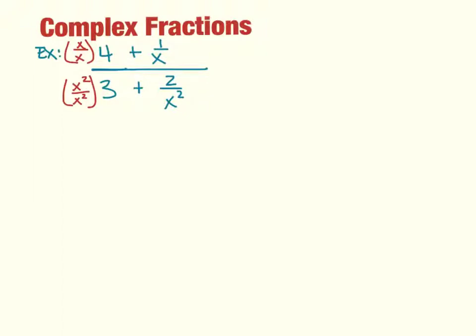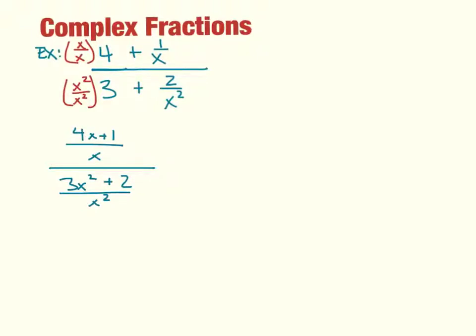Okay, so now I have 4x plus 1 over x. All right, so I went ahead and skipped a step. I knew that their denominators were both going to be x, so I just went ahead and multiplied and added. So 4x plus 1 over x over, these are going to have a common of x squared, so 3 times x squared is 3x squared plus 2.